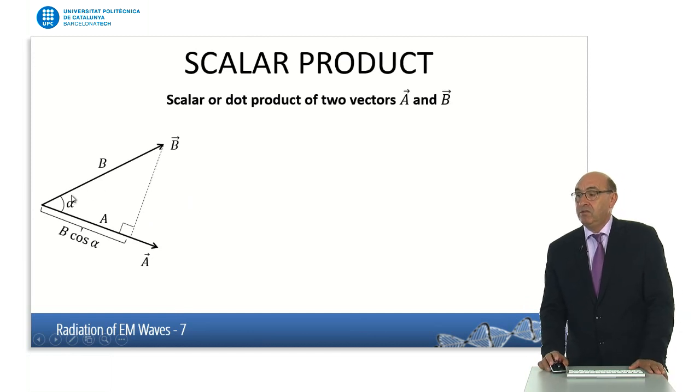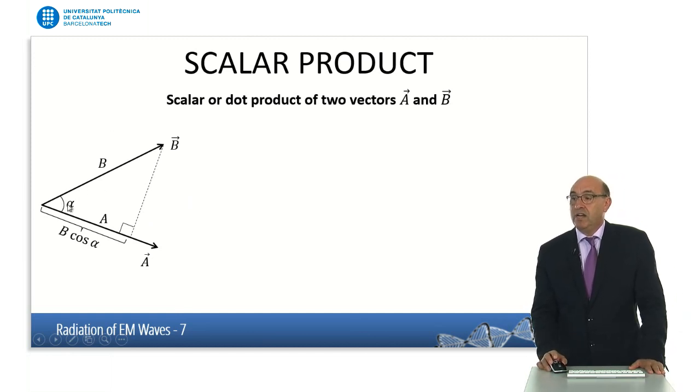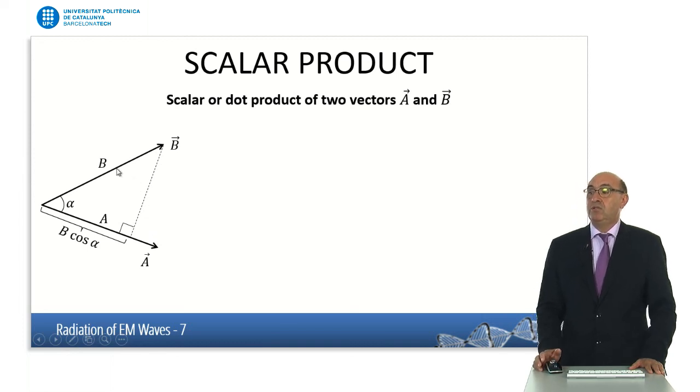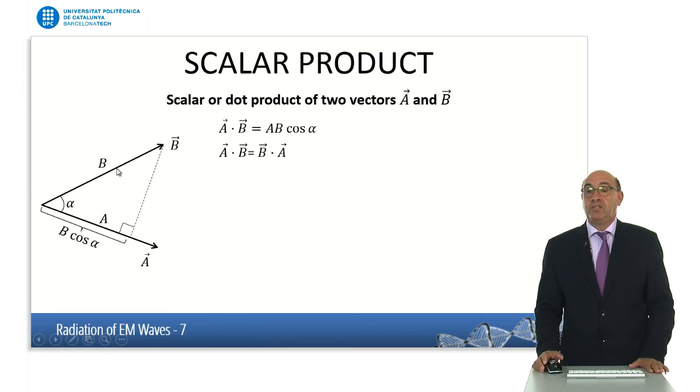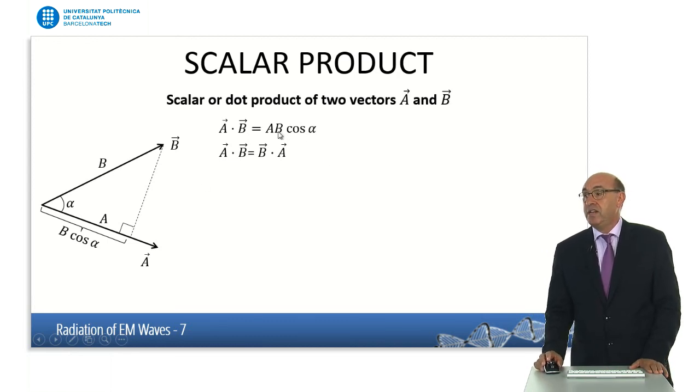And here you have an important parameter, the angle alpha. The scalar product is directly related to the projection of the B vector on A, or could also be of A onto B. You do this and you get the same thing. And the value for this product is just a number, which is just the magnitude of the two vectors times the cosine of the angle.